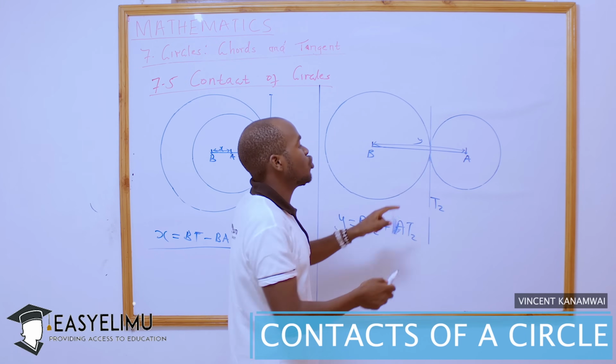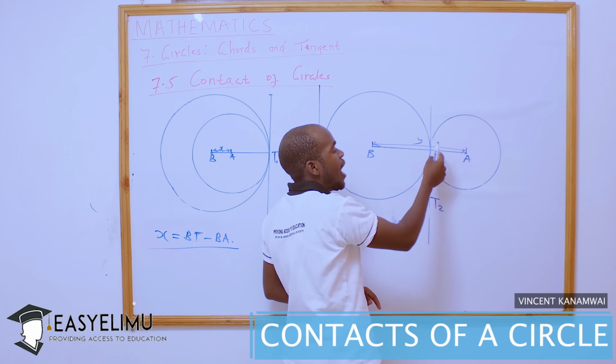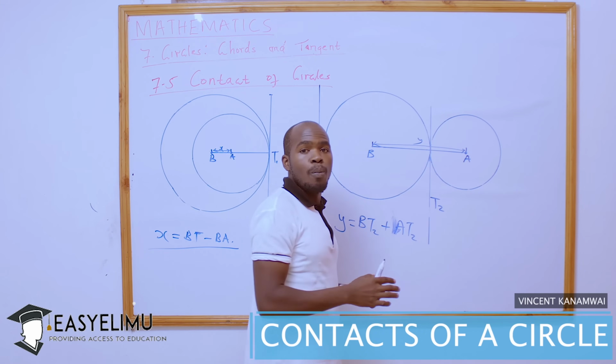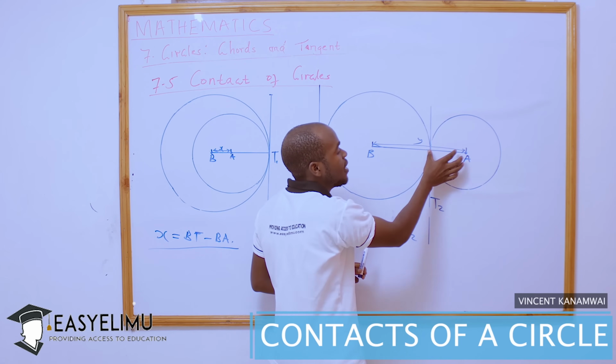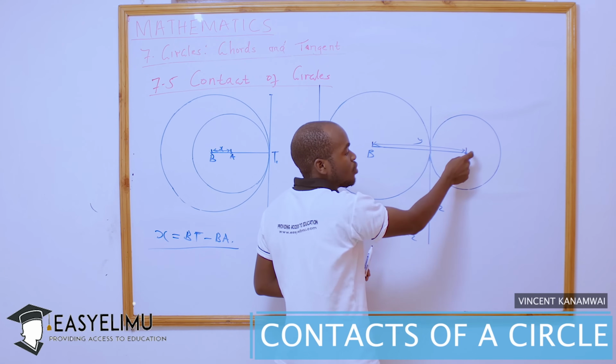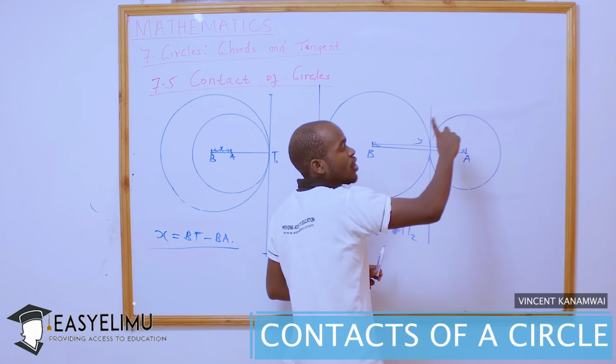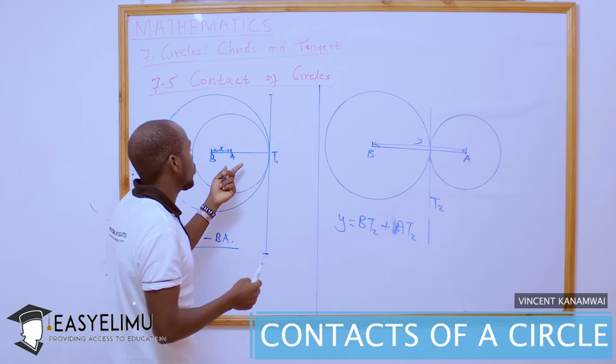After that, using that same line, measure the given length of AT2, this radius, from that tangent to the center, and then construct another circle.